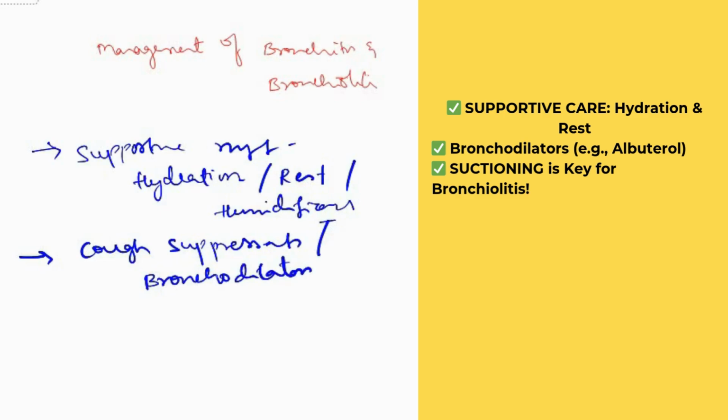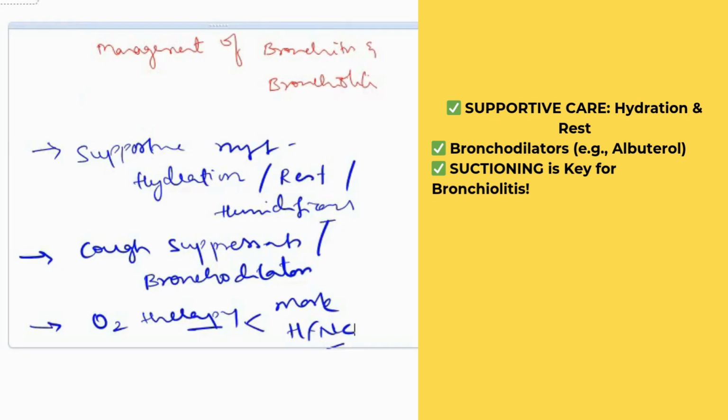Cough suppressants and bronchodilators help to manage the bronchitis. Then management of bronchiolitis includes O2 therapy. Such children need oxygen therapy by mask or by HFNC, high flow nasal cannula. This is how we will manage bronchitis and bronchiolitis.